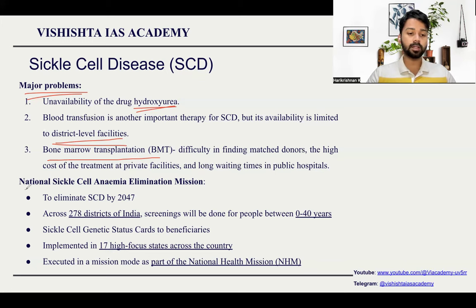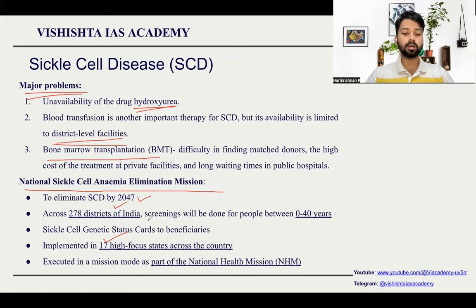So the government has started National Sickle Cell Anemia Elimination Mission. The aim of the mission is to eliminate sickle cell anemia by 2047. It is being implemented in 278 districts. It focuses on 17 states all over the country, 17 states and 278 districts.